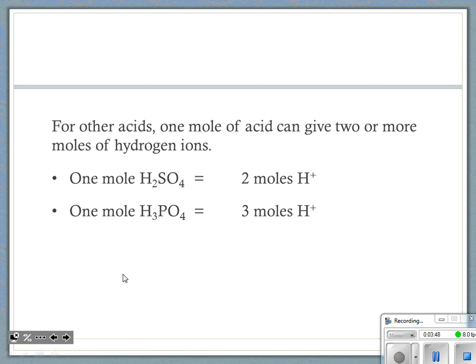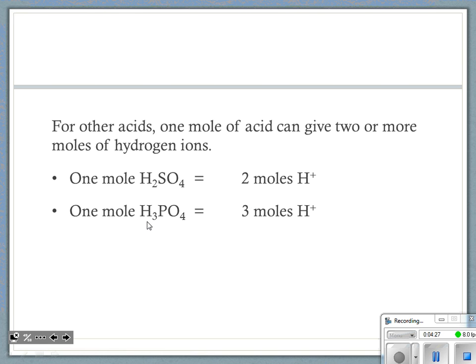So as I'm looking at this particular slide, how would you classify sulfuric acid right here? It is a diprotic acid. So how many moles of hydrogen ion would it have? 2 moles. Why? Because it's diprotic. And how many hydrogens does it have? 2.